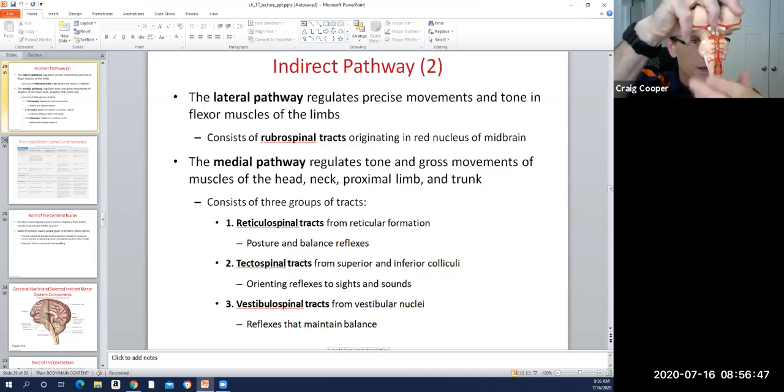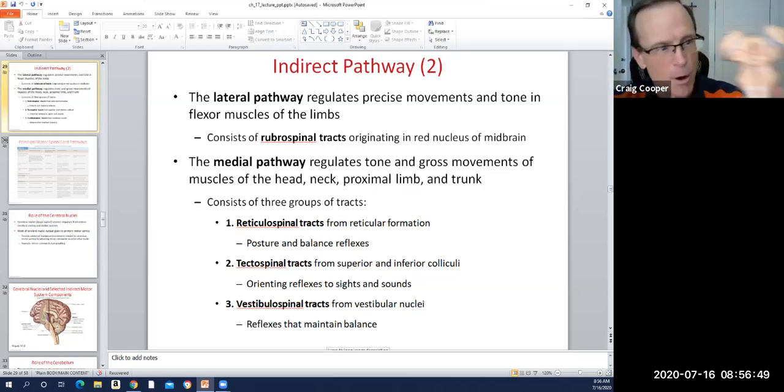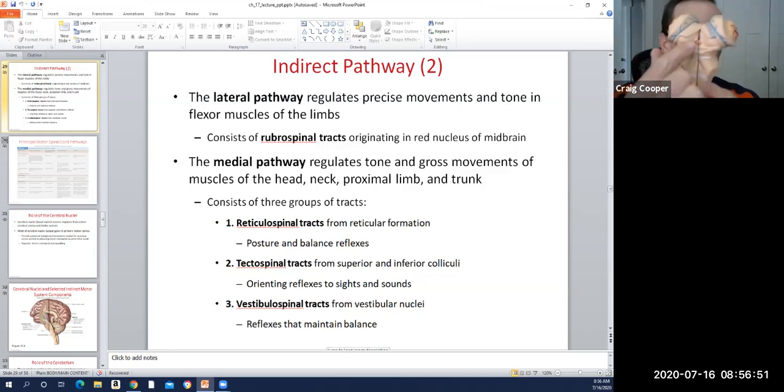This is looking at the front. If I turn around and you look on the posterior side, we've got these 4 little bumps right here in the midbrain. And that's close to, if you remember the epithalamus, it's basically where the pineal gland is. It's going to be just below the epithalamus where these clusters of neurons are. These are going to be the superior colliculi and the inferior colliculi.